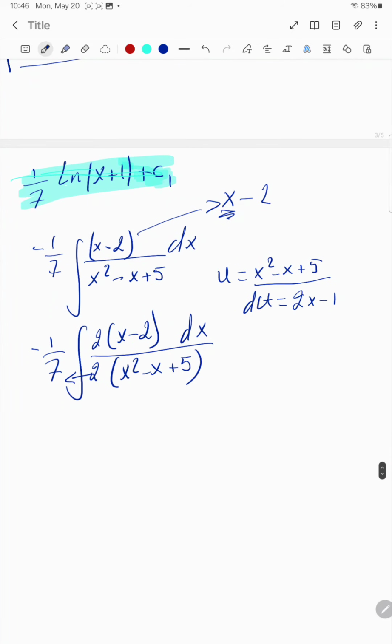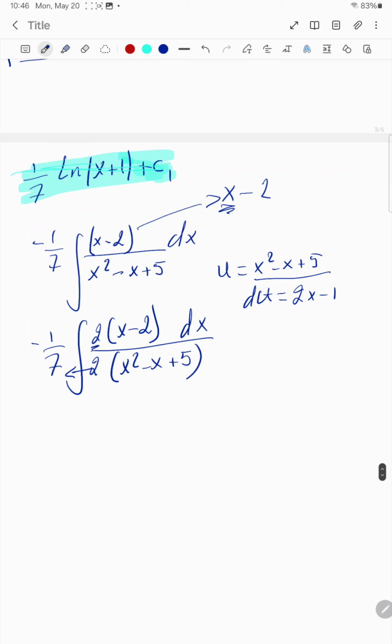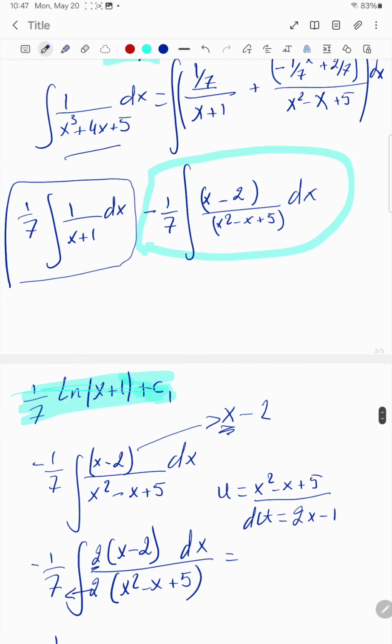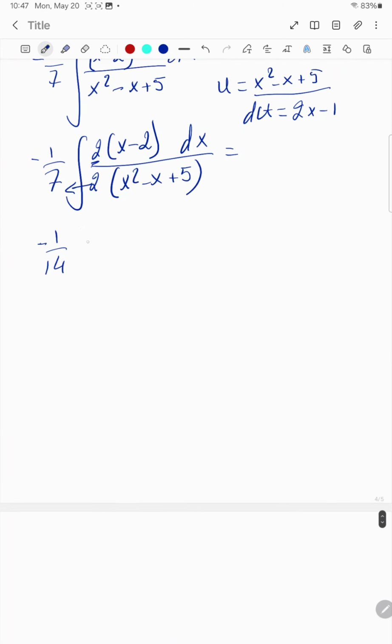That 2, I will take it outside and I will keep this 2 inside my integral because I need my du equal to 2x minus 1. So it becomes minus 1 over 14, because 2 times 7 is 14. Integral of 2x minus 4, I multiply 2 by those two numbers, divided by x squared minus x plus 5.